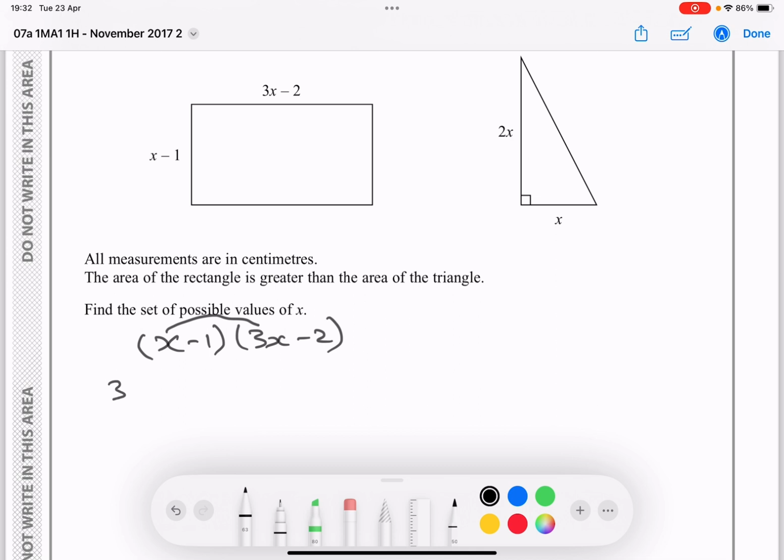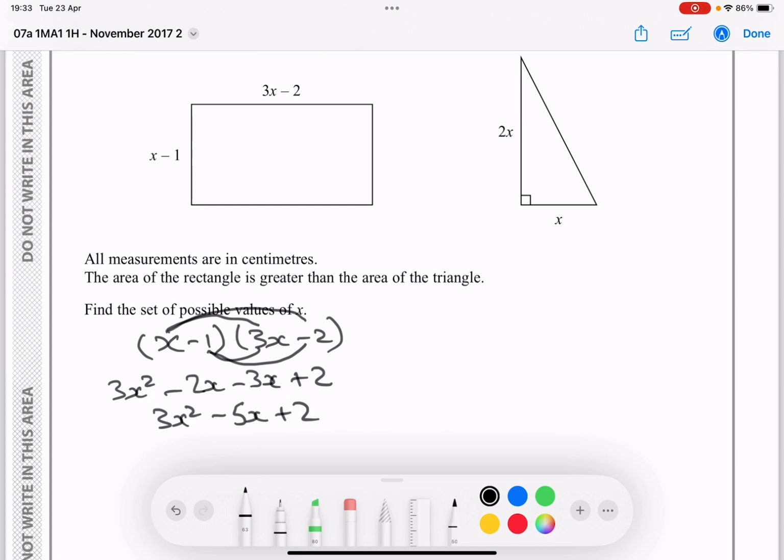So I've got 3x squared, take 2x, take 3x, negative and a negative, so that's plus 2. So I'm multiplying everything there. So I've got 3x squared minus 5x plus 2.